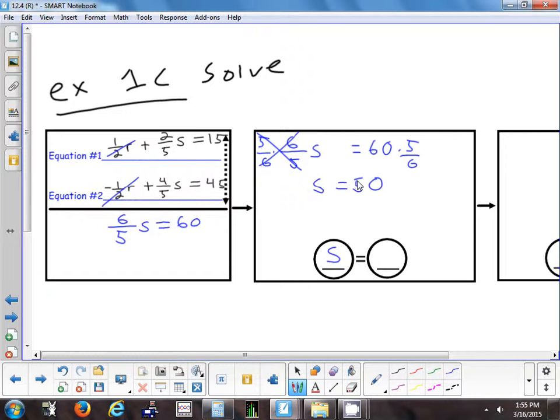Okay, so put your answer down in this box. See there, we ended up with a 50, so I was partially correct. Any question on that? Okay, so now everybody stay with it. What do I have to do now, Austin?